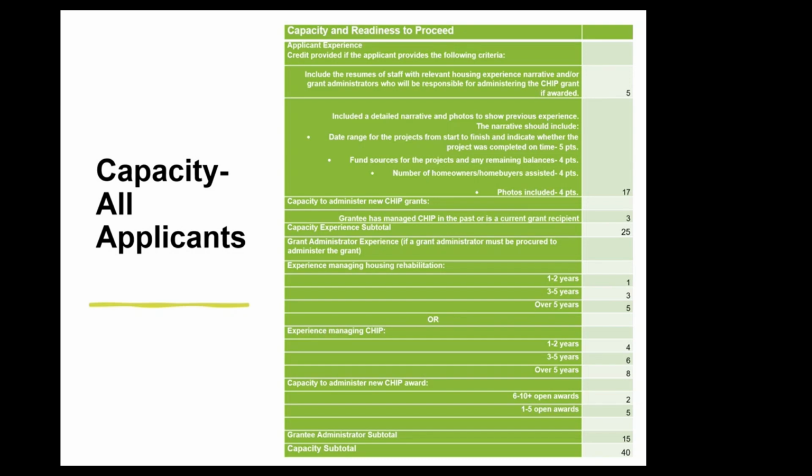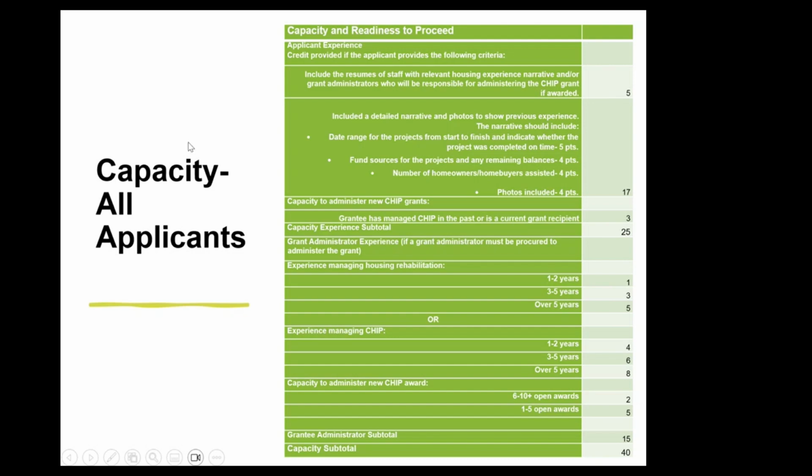I think for owner occupied, it is 85 points total for the awards. So you can see this is almost half of the score points that you can receive. We weight capacity heavily because we want to make sure that you have the capacity experience to administer the CHIP program.